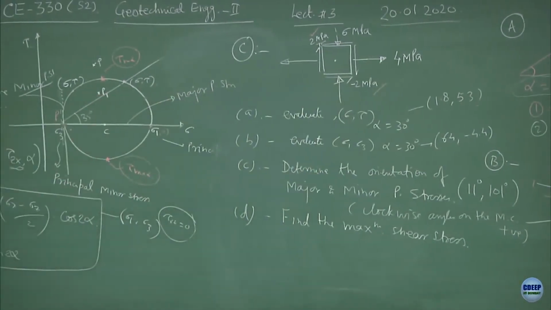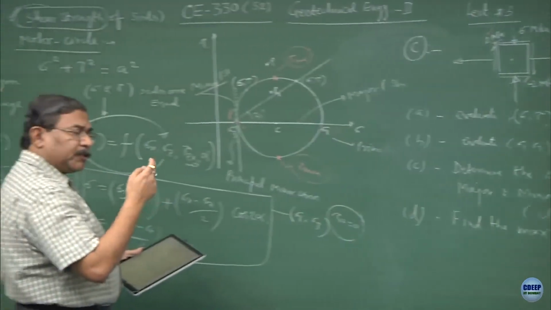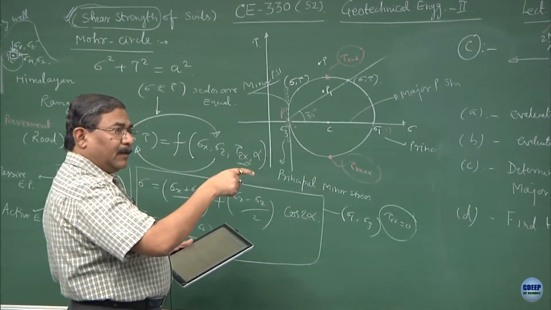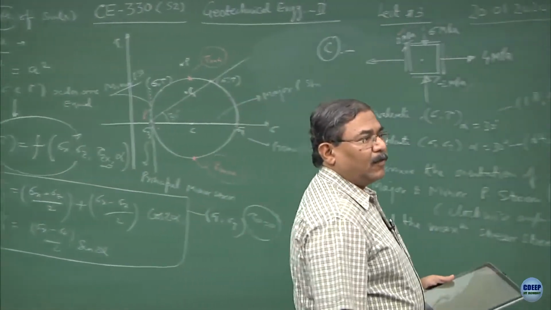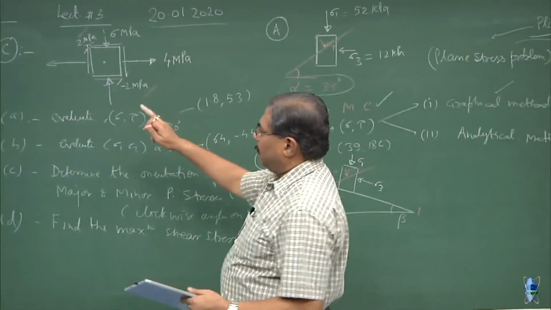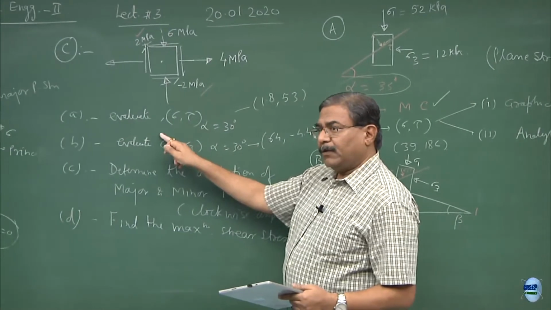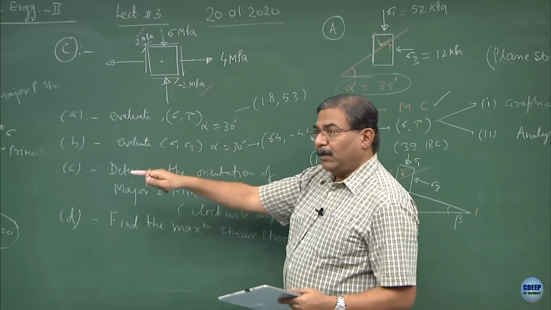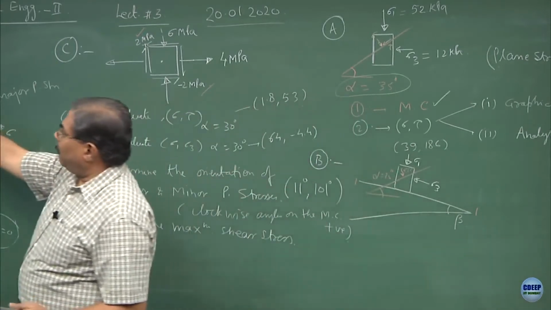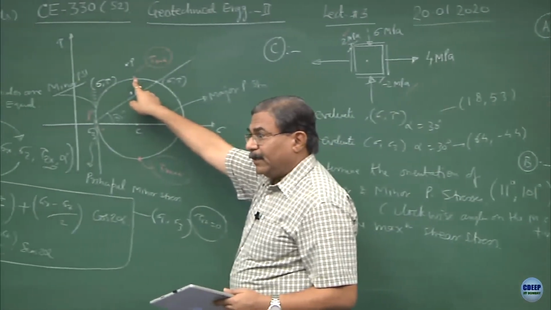Suppose if I ask you a question on which plane the maximum shear stress is acting, not difficult. Once you have drawn the Mohr circle, you get the sigma 1 sigma 3, identify the pole, you know the point at which the maximum shear is acting.